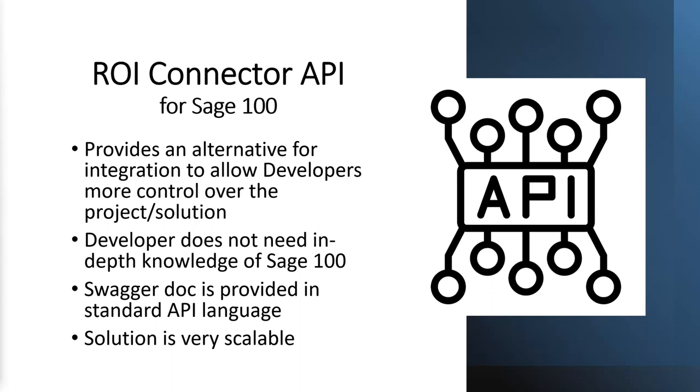So even though there's these endpoints that are running, that are being used, Sage 100 could be shut down Friday night for an upgrade, and then turned back on Monday morning. Everything still works. Obviously, the orders don't go into Sage if it's not running, but the website's not going to be shut down. The endpoints are not going to not work and give errors to the developer saying that they don't exist.